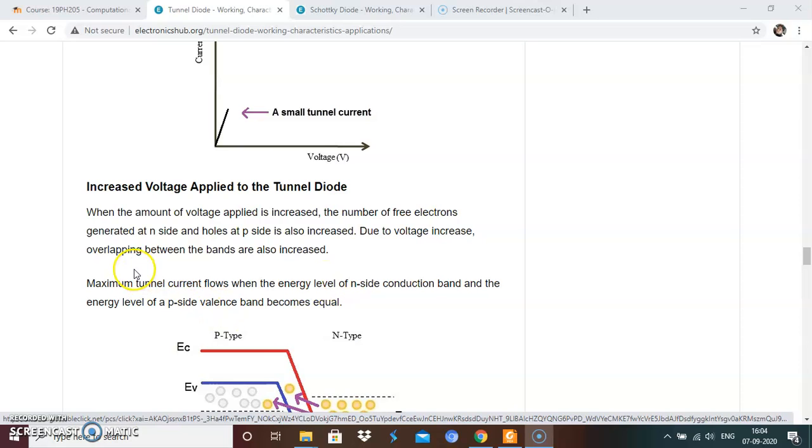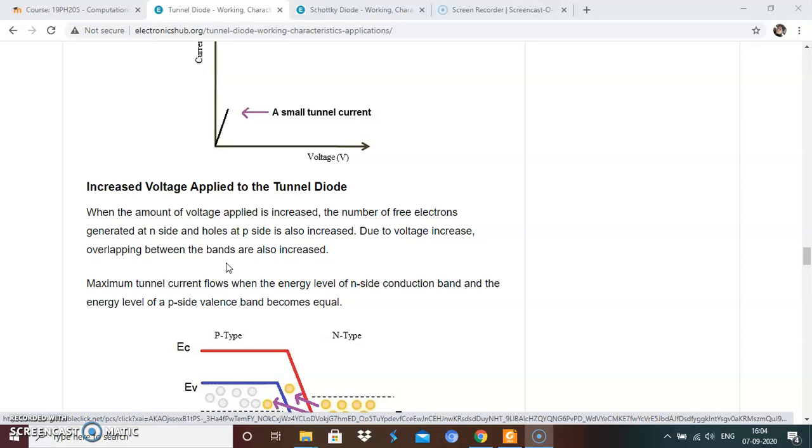When you increase the applied forward bias voltage, how does it work? When the applied voltage is increased, the number of free electrons generated at the n side and holes generated at the p side increases. The overlapping between the bands also increases.